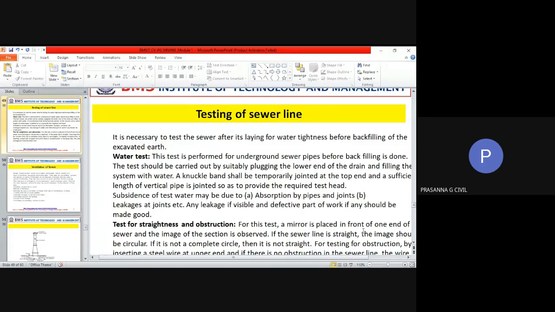there will be a small bedding that is put so that the bed on which your pipeline is going to be resting is firm.